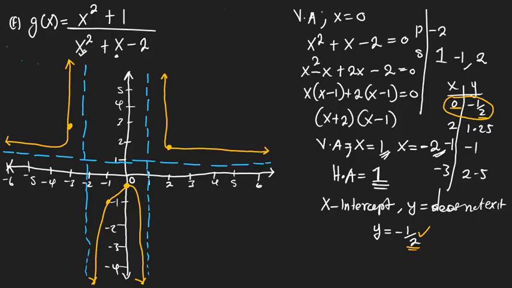How are the domain and the range going to be like? So the domain is going to be like this: negative infinity to negative 2, then 1 to positive infinity.